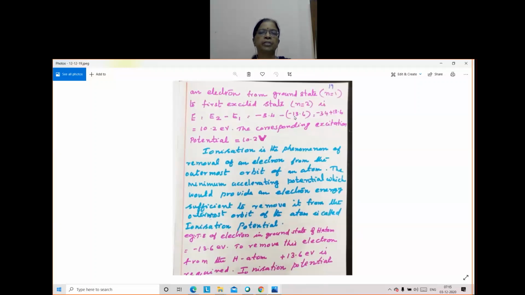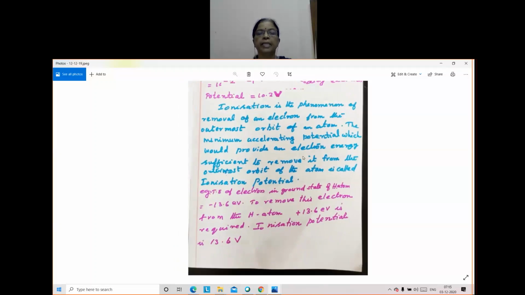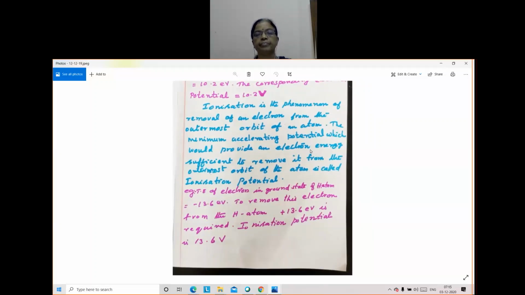From any level, from ground level to first level, or first excited state to fourth excited state, for any state you can calculate this excitation potential. Understand? Next is ionization. What is the difference between excitation and ionization?